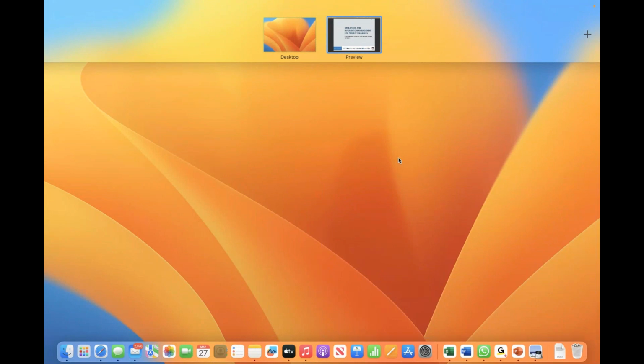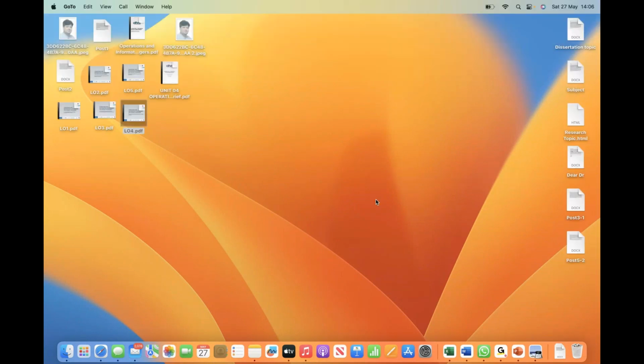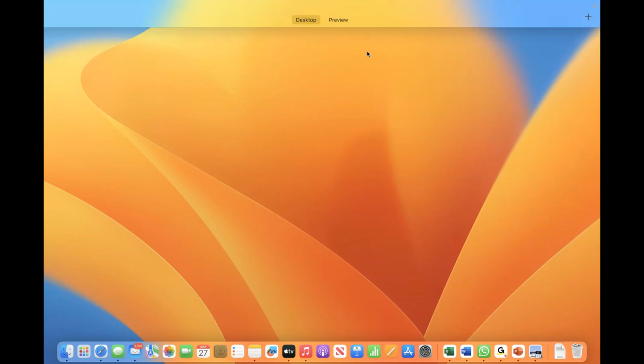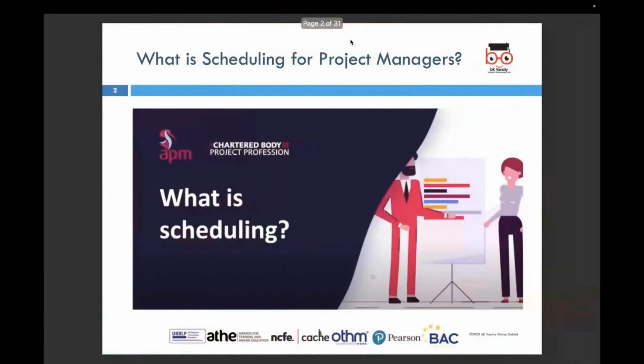Today's lecture, we will discuss what is scheduling for project managers. What is scheduling for project managers? The scheduling process begins with defining the project scope and objectives, identifying the deliverables, and breaking down the work into smaller, manageable tasks.